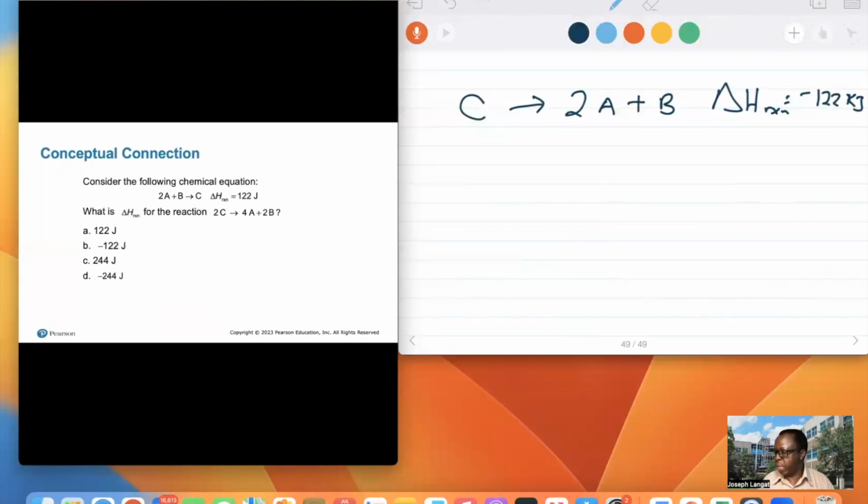One of the relationships we looked at. And then we need to multiply by 2.